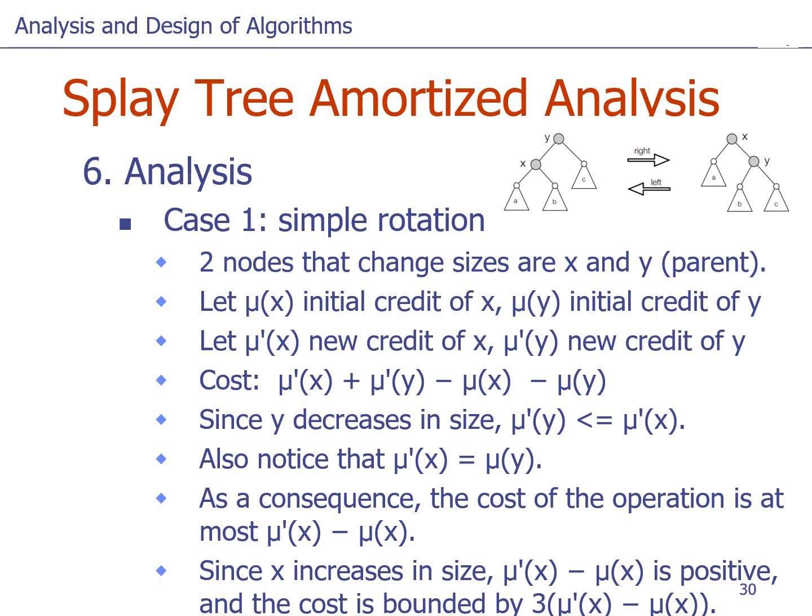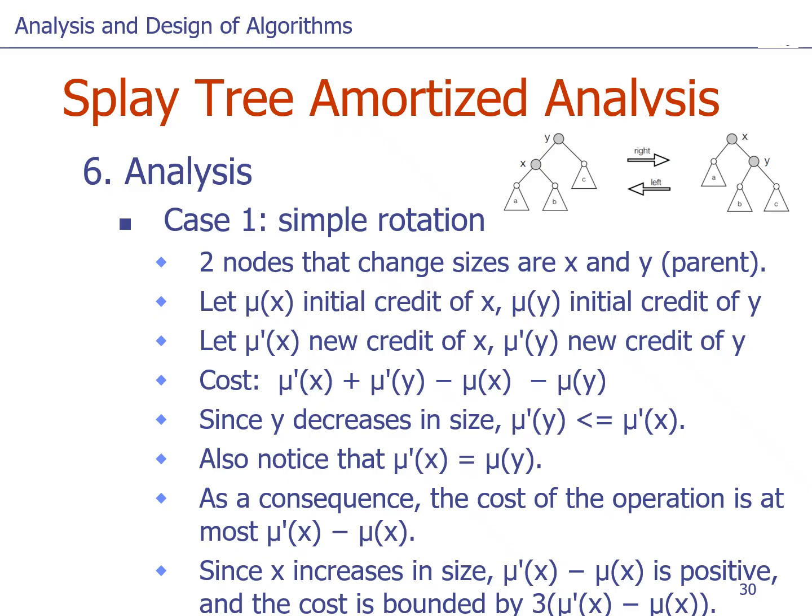Now remember, pushing X upward actually saves us some money, okay? And pushing Y downward is taking away money from us, because now we have to pay that if we're going to push Y again up.